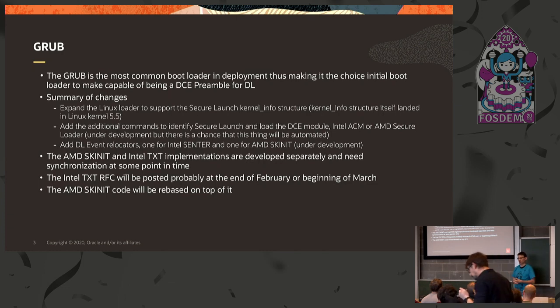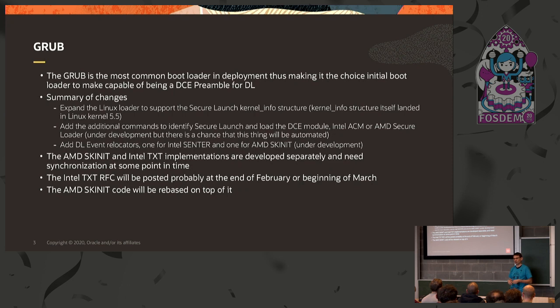Currently, this infrastructure is in Linux kernel 5.5, and we will build the whole solution on top of that. We also need to add some commands which are needed to initialize Intel TXT or AMD SKINIT. One command will tell GRUB that we have to switch to the DRTM, more or less.